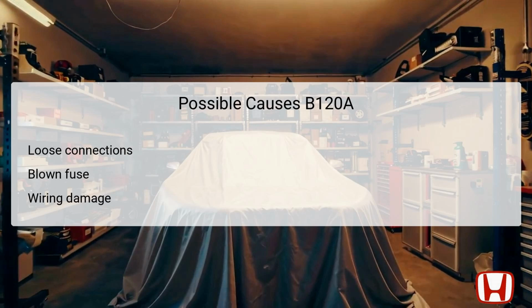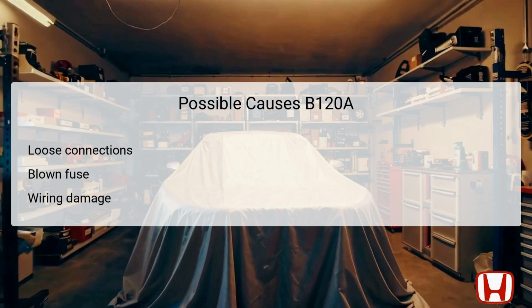One common issue might be loose connections, which can prevent proper communication between the climate control unit and other components. This can often happen due to vibration or movement of the vehicle. Another possible cause is a blown fuse, specifically fuse number D9, which is crucial for the climate control function.